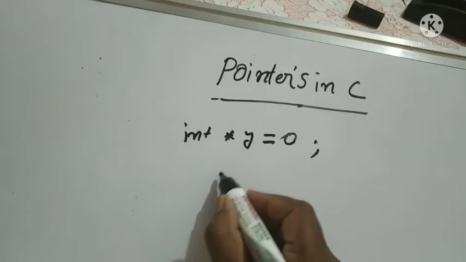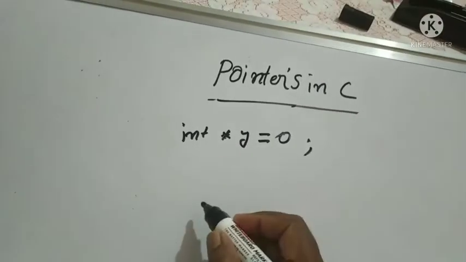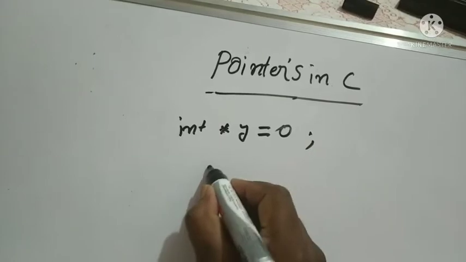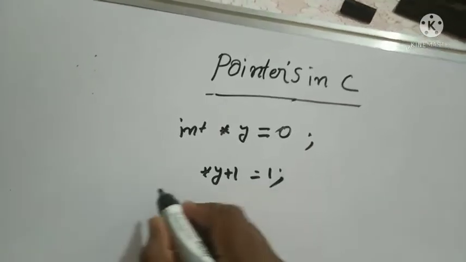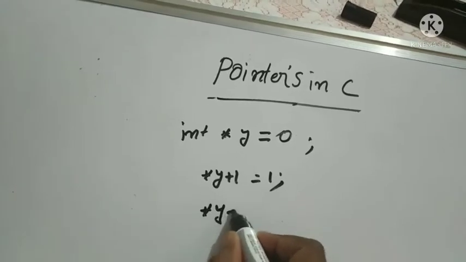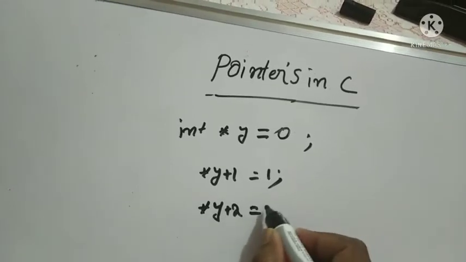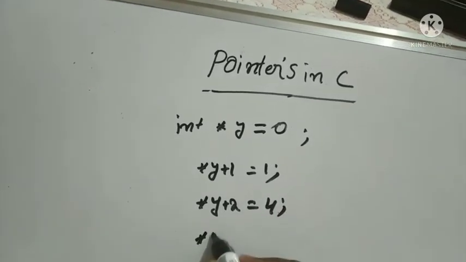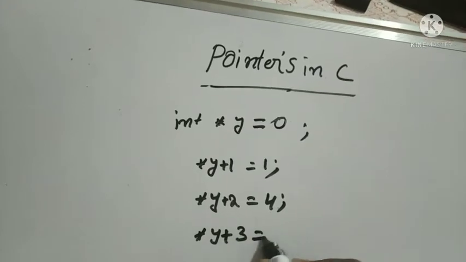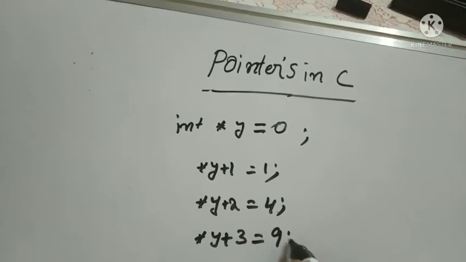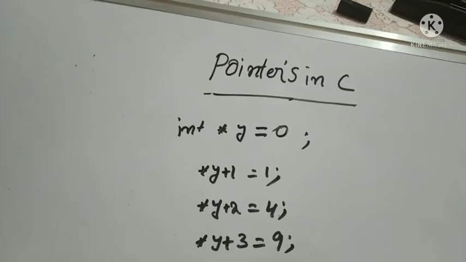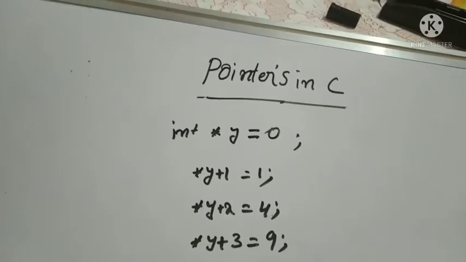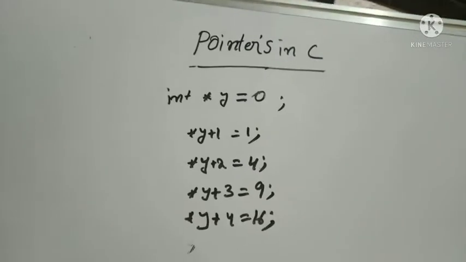Next, I am initializing another value if required. Star y plus 1 is equal to 1. Star y plus 2 is equal to 4. Star y plus 3 is equal to 9. Star y plus 4 is equal to 16.